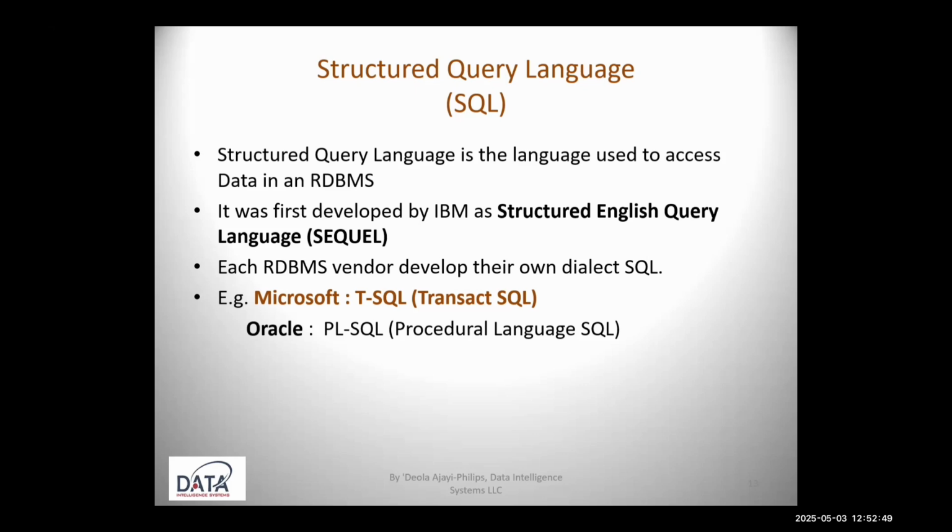Now, let me give you an example. The English being spoken in England and America, we all want to believe they are the same, okay? But when we start spelling some things, you see that they are different.